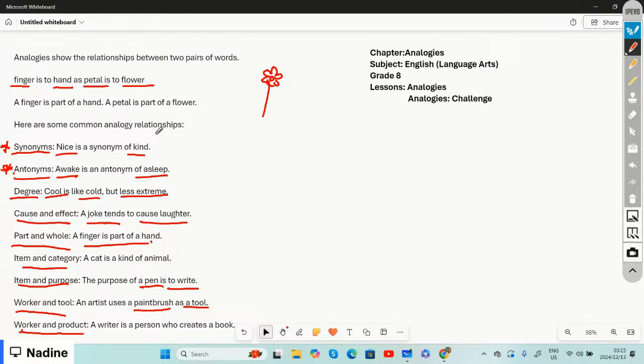Once again, analogies show the relationship between two pairs of words.